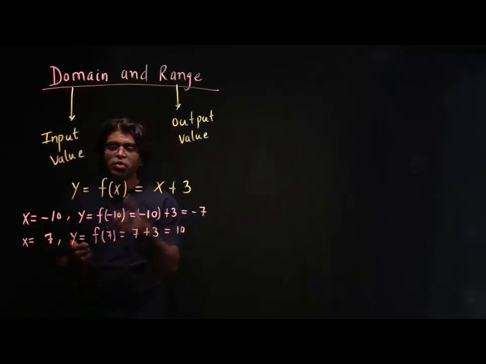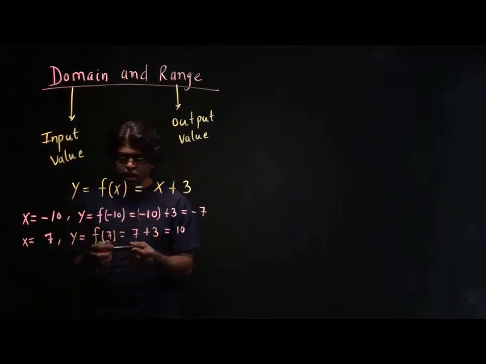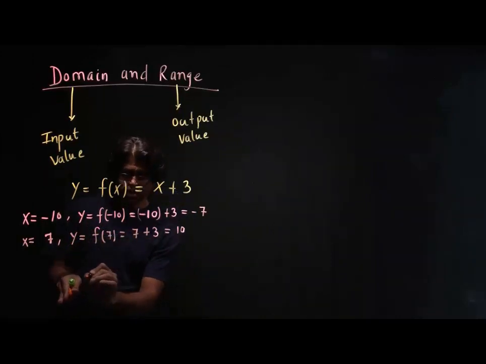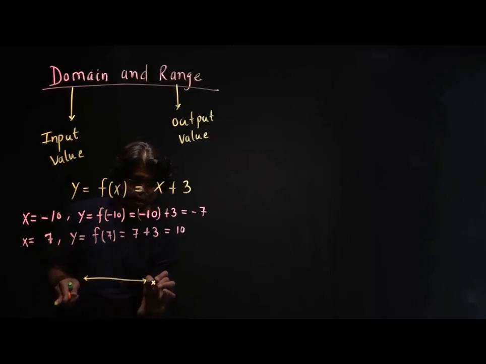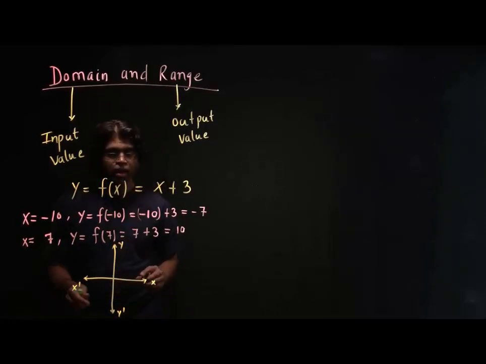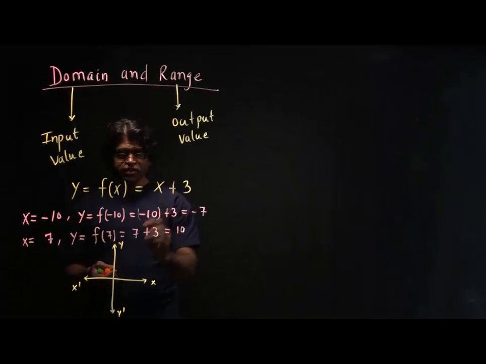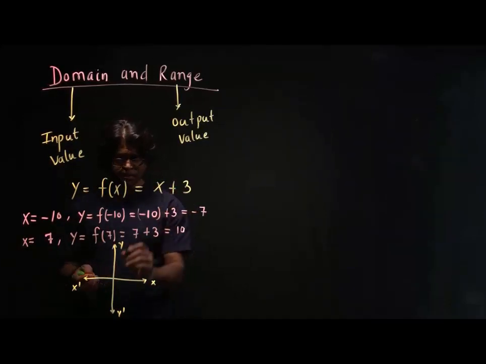Now, let's try to graph this function. So, if I graph this function, this is my x-axis, x dash, and this is my y-axis, y and y dash. Now, the graph of this function is basically: y-intercept is 3, so I have 1, 2, 3.